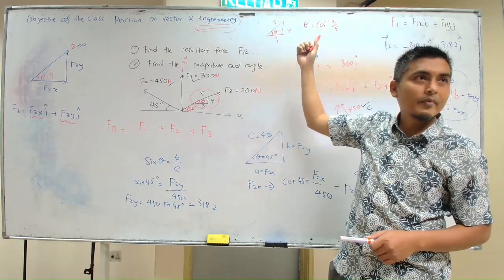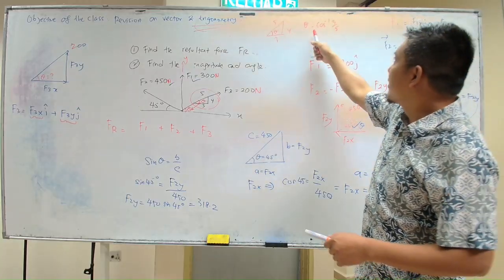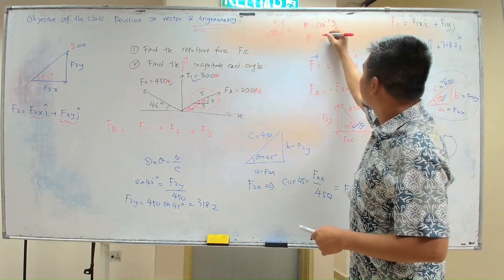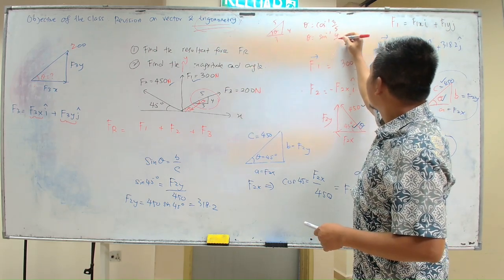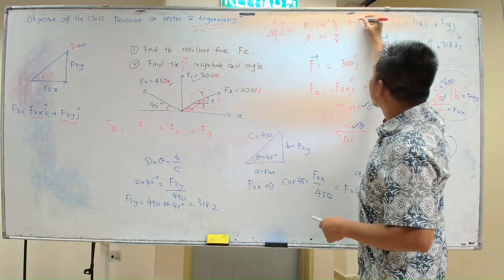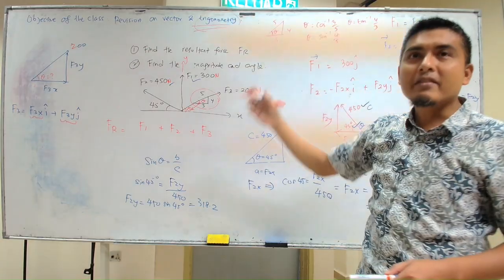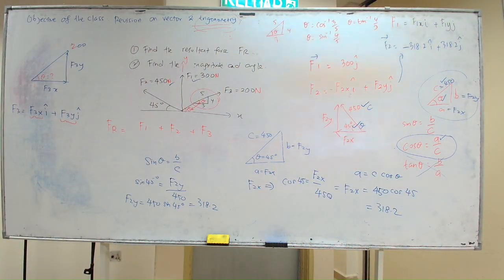Theta equal to cos inverse 3/5. You can use theta equal to sin inverse 4/5. Or you can use theta equal to tangent inverse 4/3. That's the same answer, right? So what is the answer? 53.1. Okay, so the angle here is 53.13.